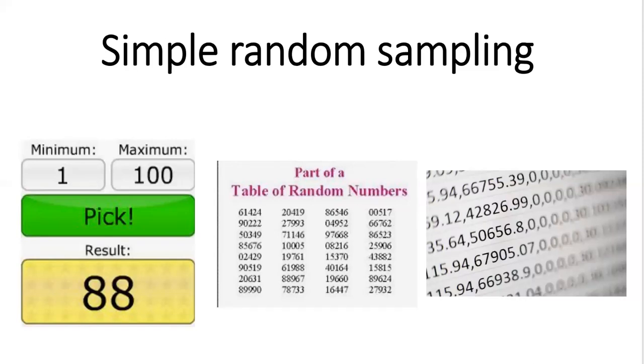The way it would be done, we would just choose the random numbers to start with and use this table to pick our participants. But nowadays, even the table of random numbers is very rarely used because we have random number generators on the computers. So we'll just have a computer pick our samples.